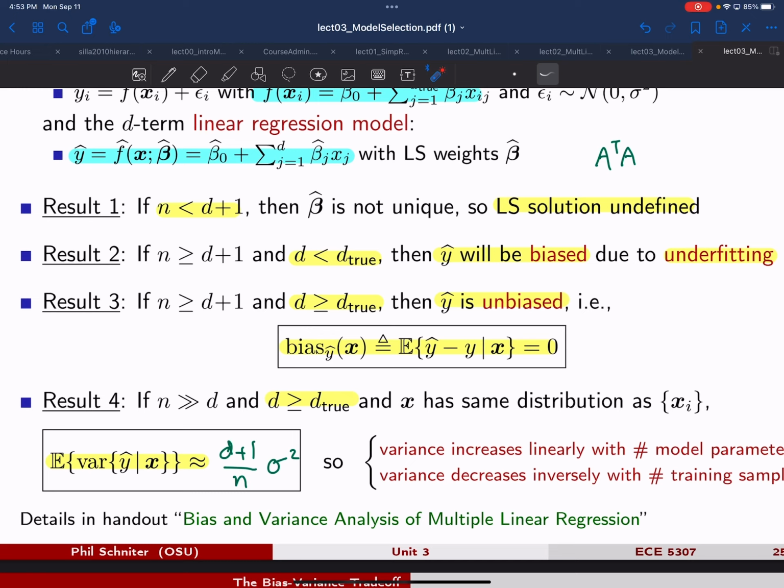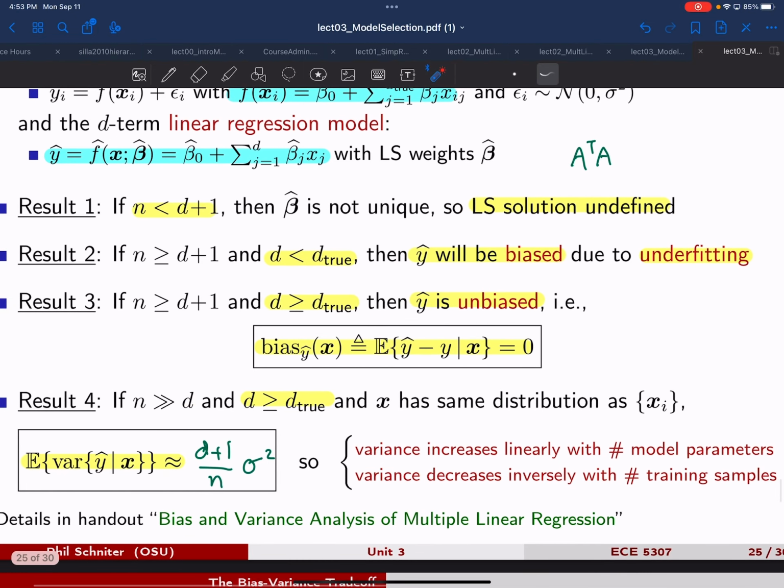Okay, so this tells us a lot. One way to think about it is, let's imagine that your training size is fixed. Someone just gives you a data set, and now you're thinking to yourself, how complex should I make my model? Well, here you can see that as you increase the complexity D, you get a linear increase in the expected variance.